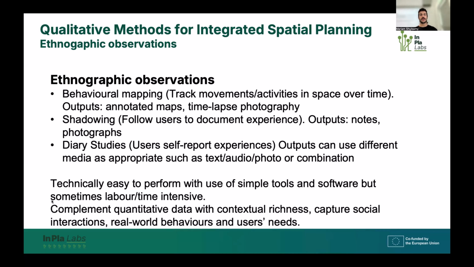So when you follow users in order to document their experience, the outputs for this could be notes or photographs, depending on what is appropriate for the situation. Or there can be diary studies where users self-report their experiences. And for this, the outputs can have different media. So as appropriate, this could be in text form, audio form, photography, or a combination.